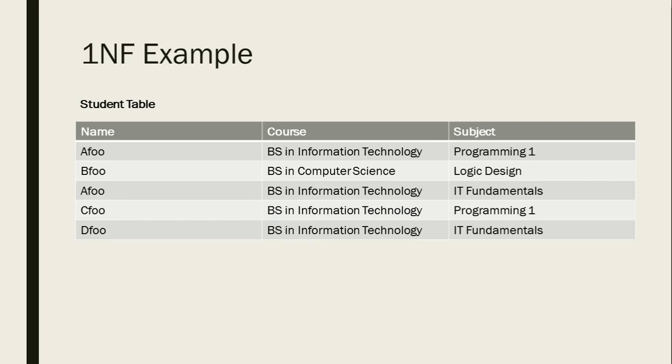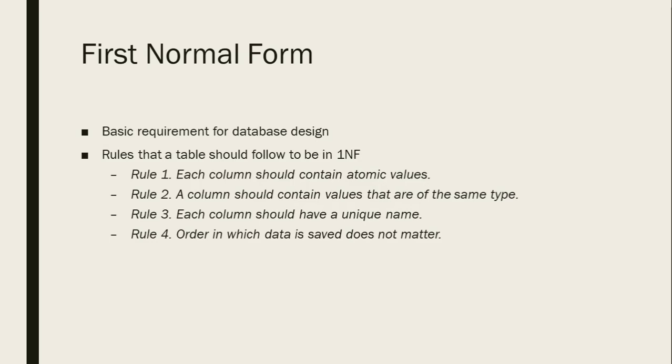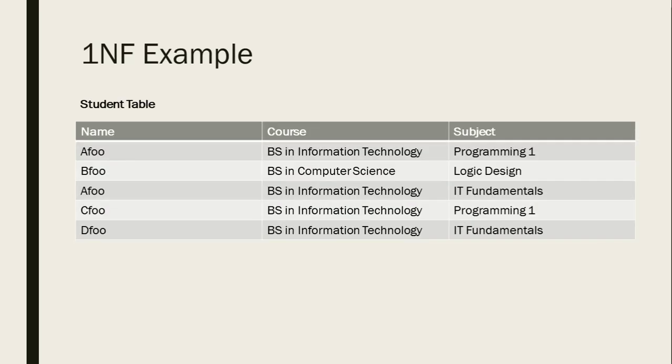So let's have an example. In this case, the student table is in the first normal form. The reason for that is, for rule number 1, each column should contain atomic values. Now, in the case of Afu, the student is enrolled in two subjects, Programming 1 and IT Fundamentals.